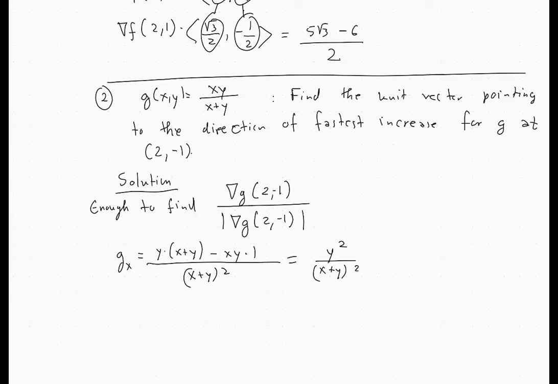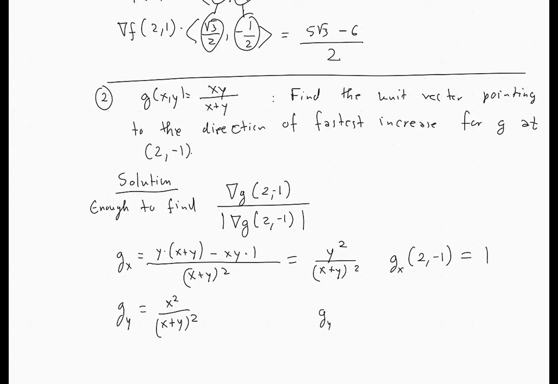Now, a nice little remark here is that since everything is symmetrical with respect to x, y, when you try to find the derivative with respect to y, it should be the same formula with y and x changed. So this will be x squared over x plus y squared, which is of course what you would find if you did the quotient rule again. This means that g sub y of 2 comma negative 1 is equal to 4.